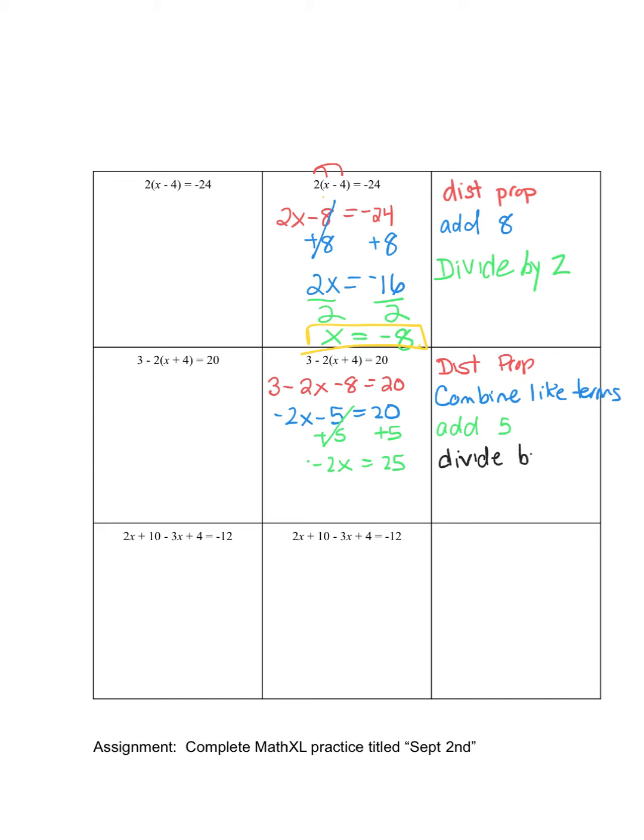So now I'll be dividing by negative 2. And x will now equal a negative 25 over 2, or negative 12 and 1/2, or negative 12.5.